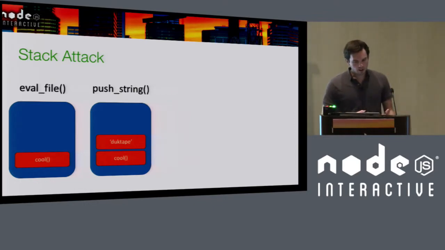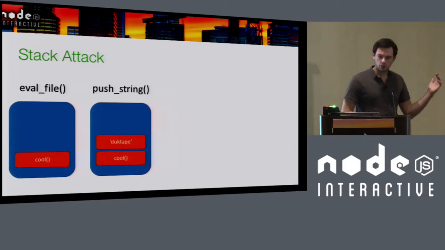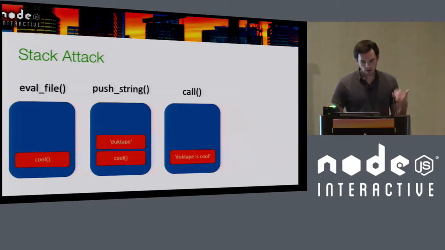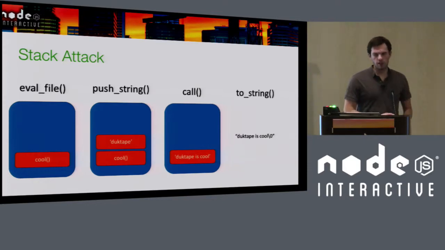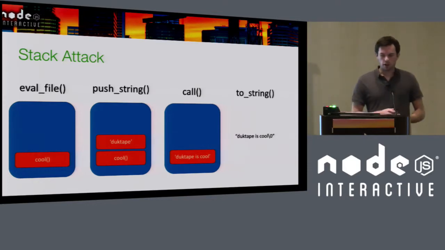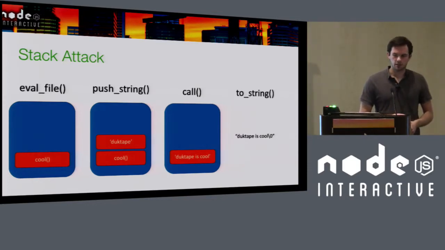I push the string Duktape because I want to ultimately say Duktape is cool. I run call, which calls that function and passes the string Duktape in as an argument, and then it pushes the result back onto the stack. Duktape is cool. You're then able to call duk_to_string, which will give you a null terminated C string.